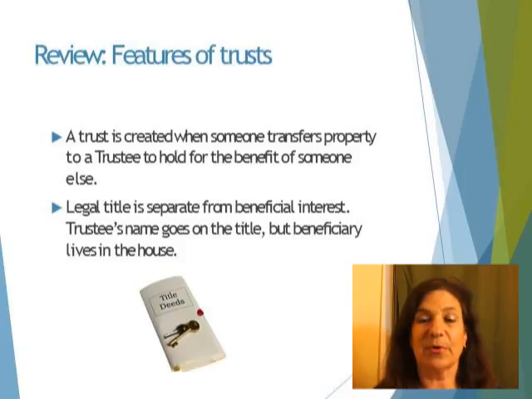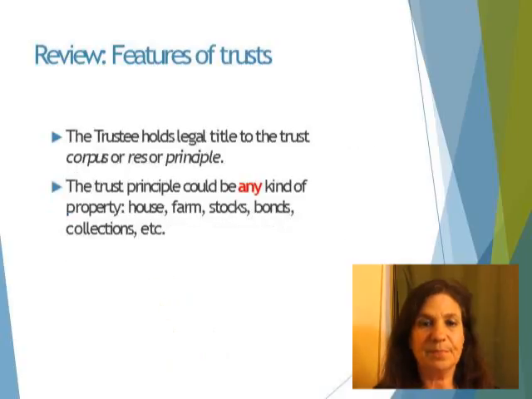There has to be separation of title between the trustee and at least one of the beneficiaries. And we call the trust principal the corpus or the res or the principal. All these things mean the same thing. We will use the terms corpus and principal in this course more or less interchangeably.